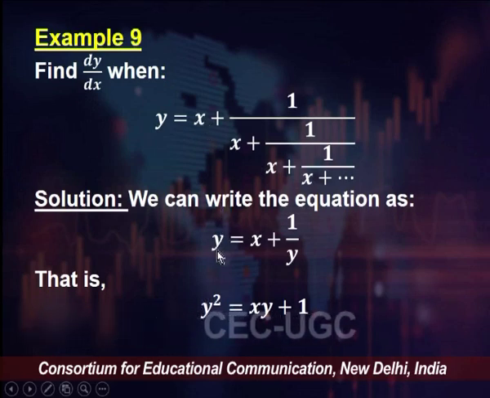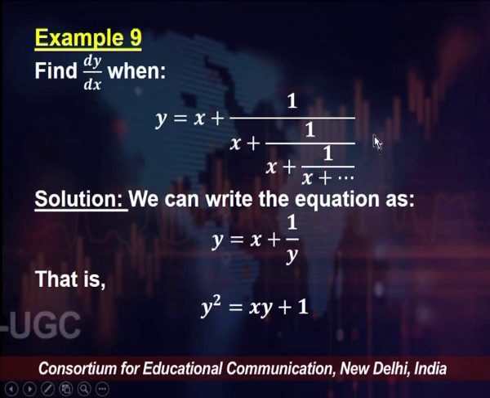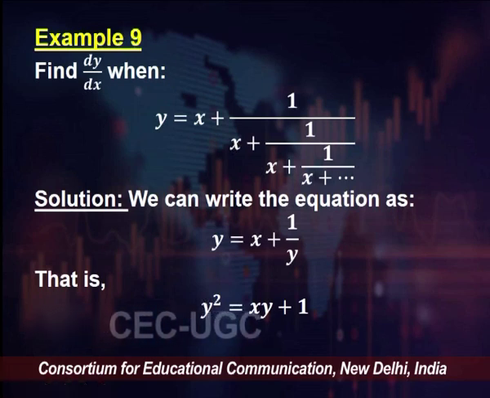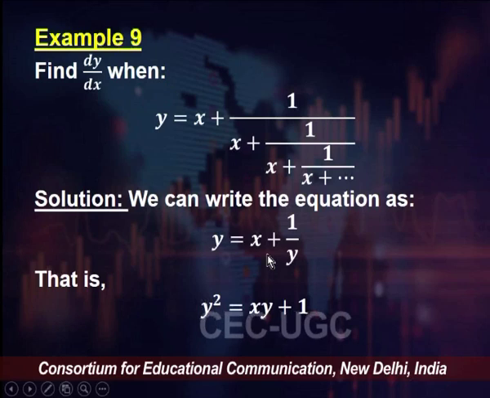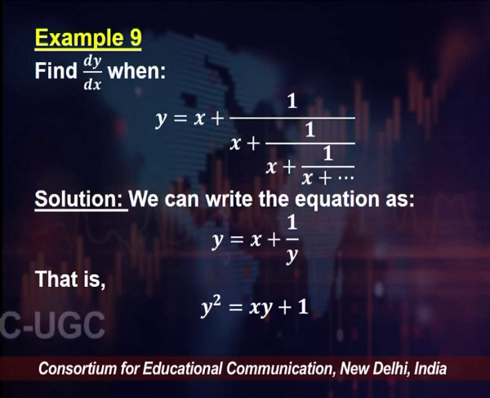So we could write y as x plus 1 by y. This whole thing in the denominator can represent our y, because in any case we have an infinitely large number of terms, so ignoring one term x will not make a difference, and we get something more tractable in order to find our dy by dx.